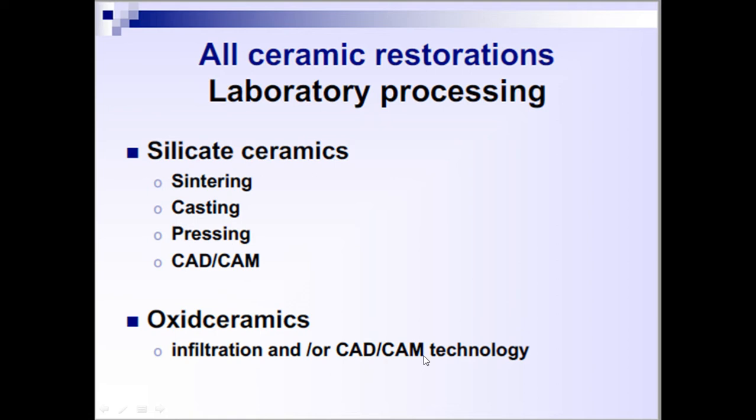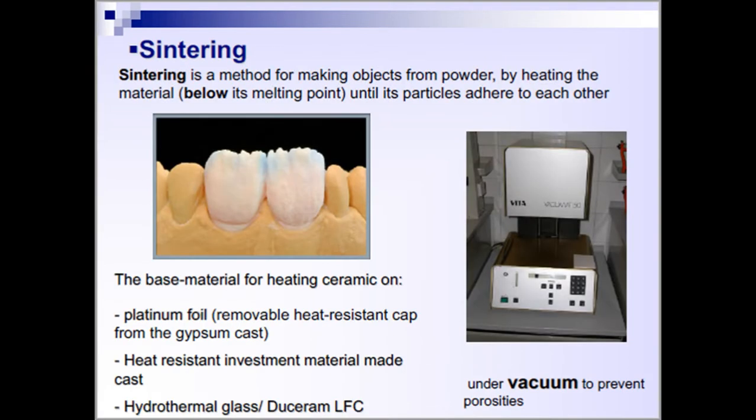So the first one being condensing and sintering. This is the main method of fabricating ceramic restorations, which is known as condensing and sintering of the material. As you can see here, this is a ceramic powder, this pink substance you are seeing in this picture.